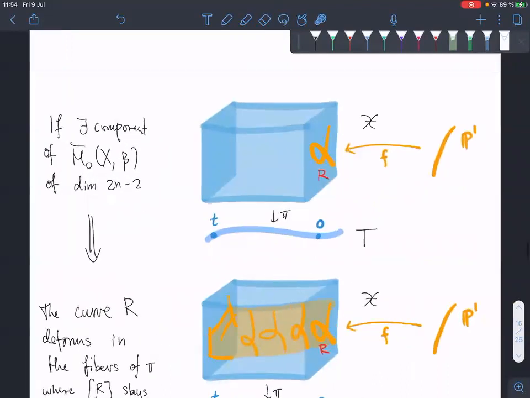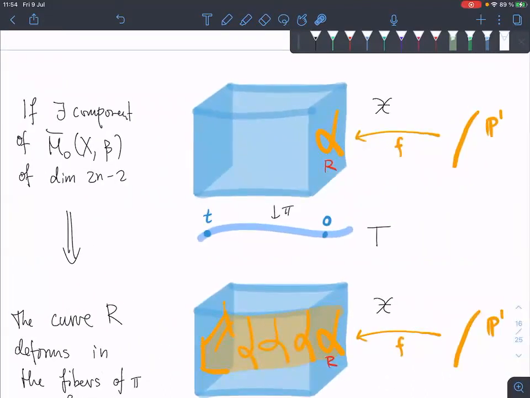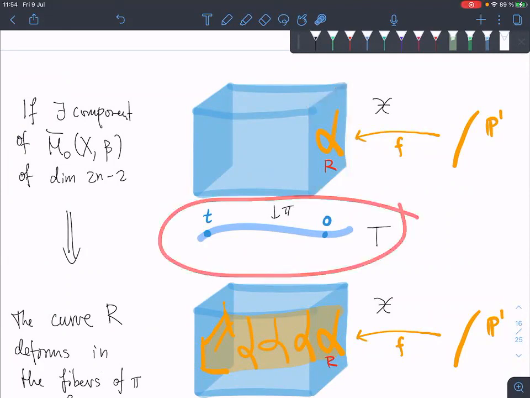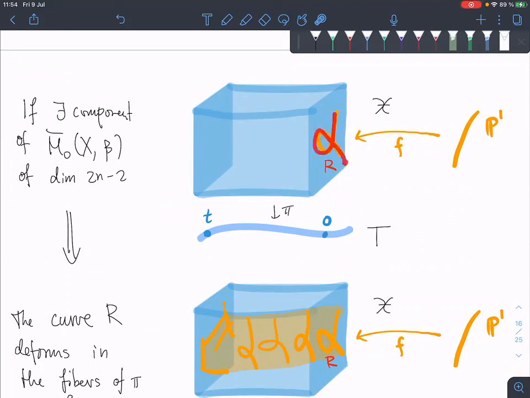You should think of this as a statement that goes a little bit in a different direction than what we've seen so far. Basically, you start with a family of irreducible symplectic varieties, and then you start with a rational curve in a fiber.